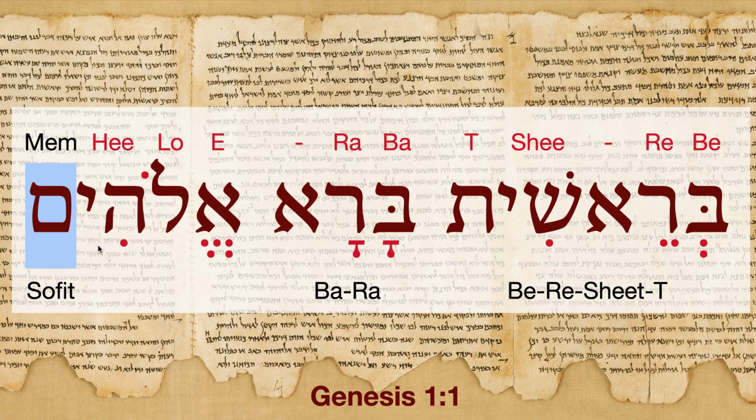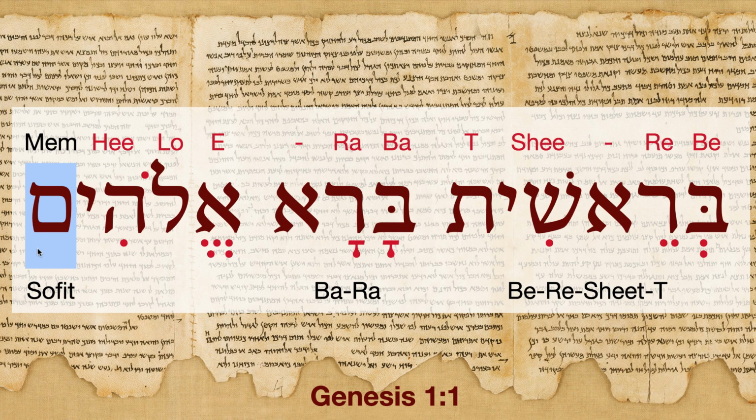And the last letter is mem. This is a mem sofit, meaning this is a final ending form of the letter mem, because if you look back into the alphabet, the letter mem has an opening here on the bottom left corner, but this closed letter is a mem sofit. So whenever the mem occurs at the end, remember there are 5 such letters, right?